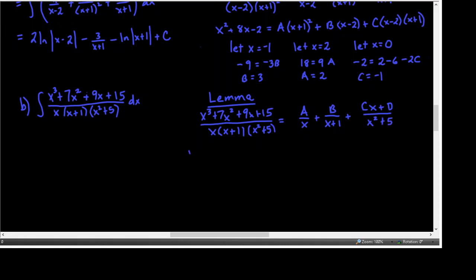So multiplying both sides by our LCD on the left side will give us back our numerator. And multiplying the common denominator by the first fraction, the x cancels, leaving x plus 1 and x squared plus 5.